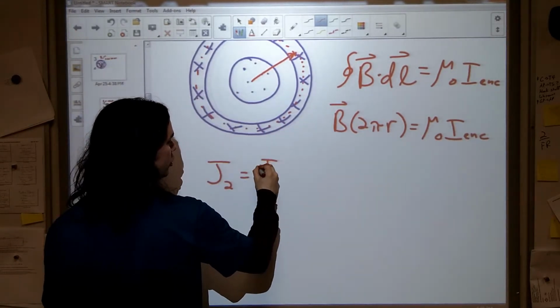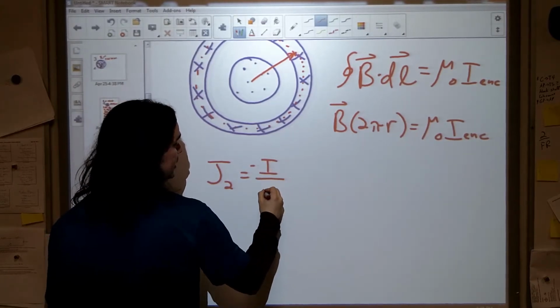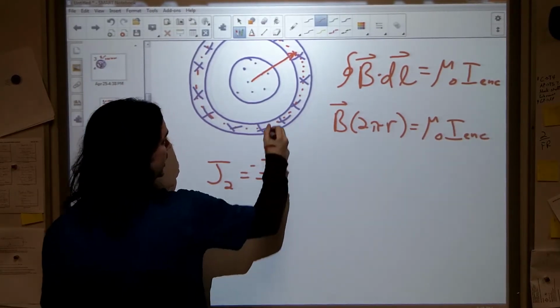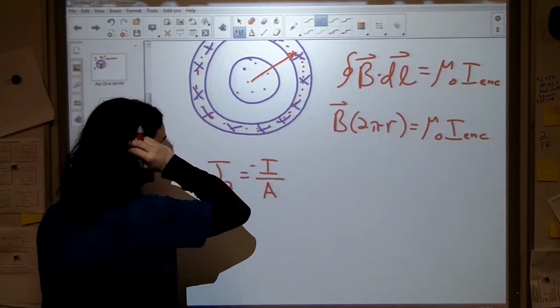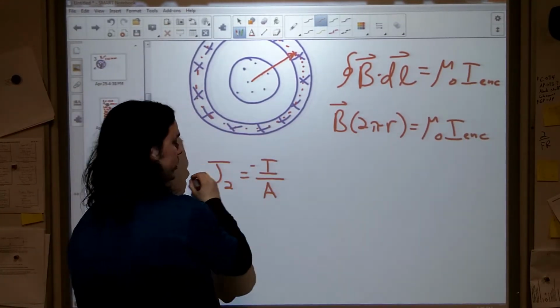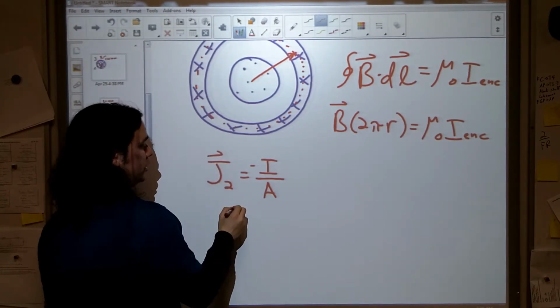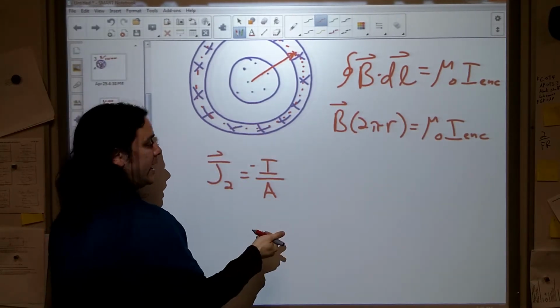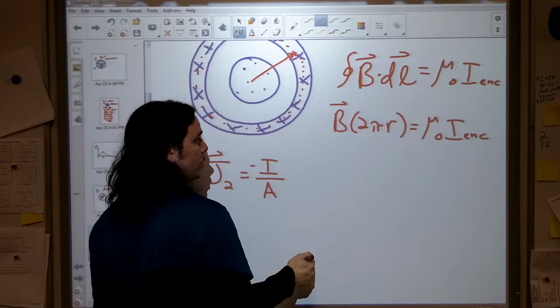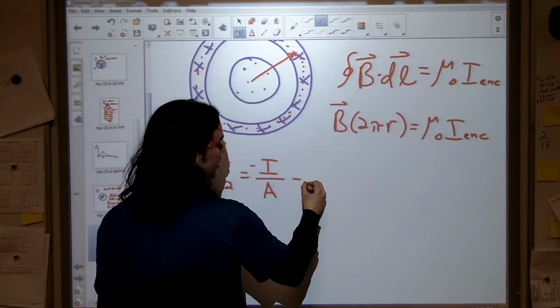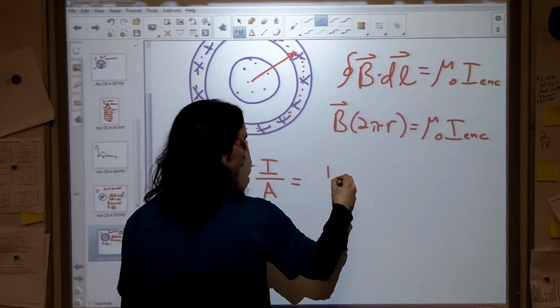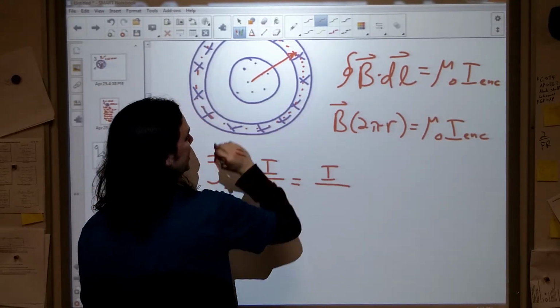It's going to be our total current, which we could call negative I, divided by our total area of the ring itself. As I said, I'm going to drop the negative for a little bit, but we know that later on when we deal with our current density in the second area, that will actually be a negative current because it's going into the board, and we're going to say coming out of the board is defined to be positive.